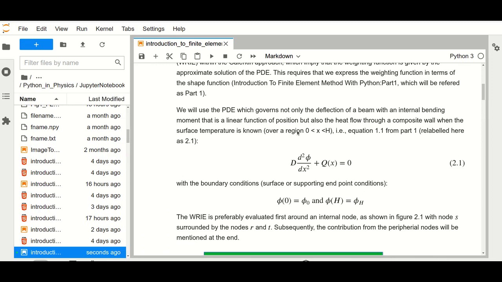Okay, so let's assume we have our partial differential equation. This type of equation governs both the bending of a beam and also the thermal heat flow through a wall.